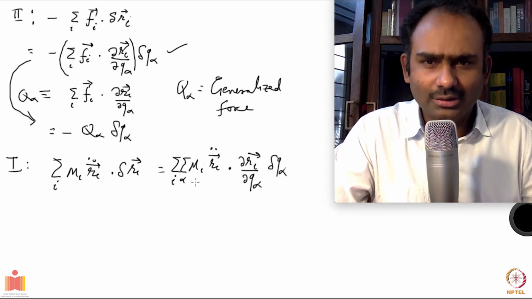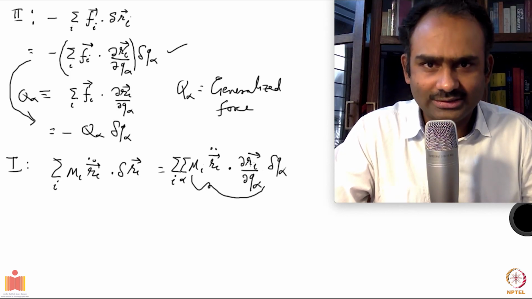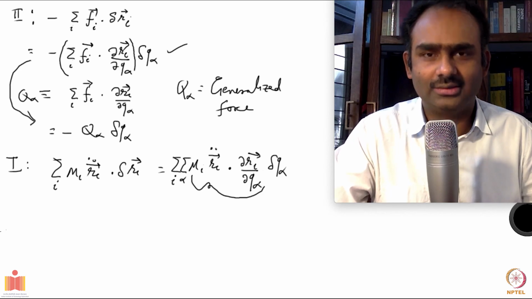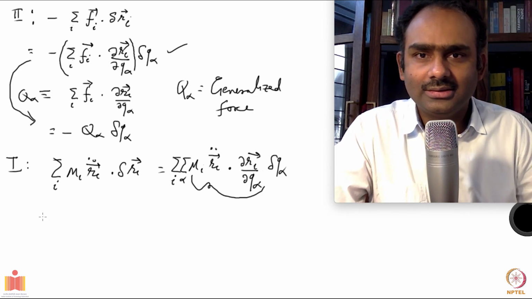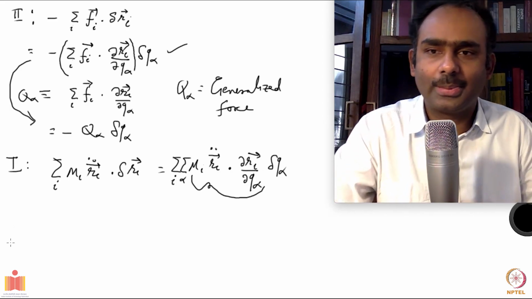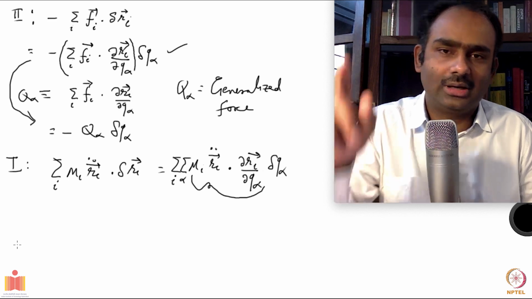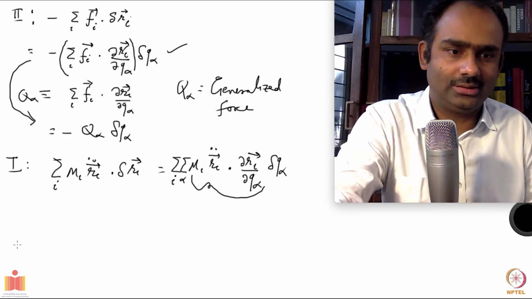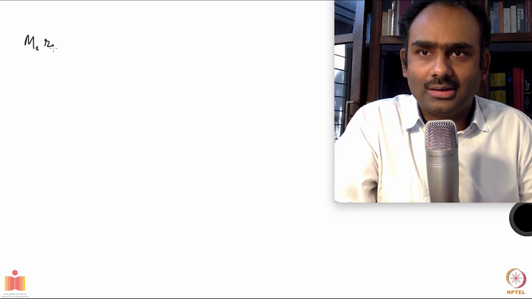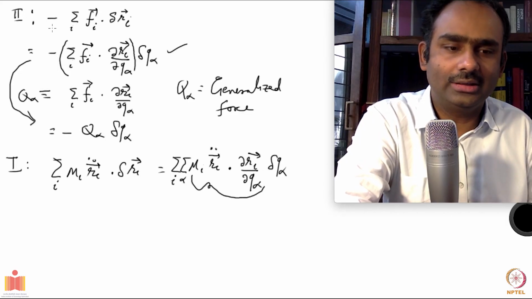So what I'll do is I'll just pick up this piece and leave the delta q for the moment and just work on this part. Okay, so let's take this. So I have mi ri double dot, and then we had del ri over del q alpha.